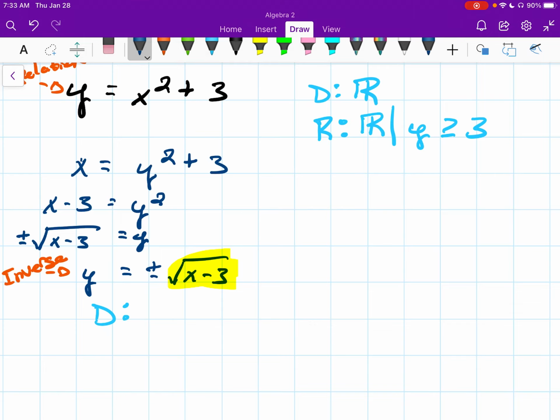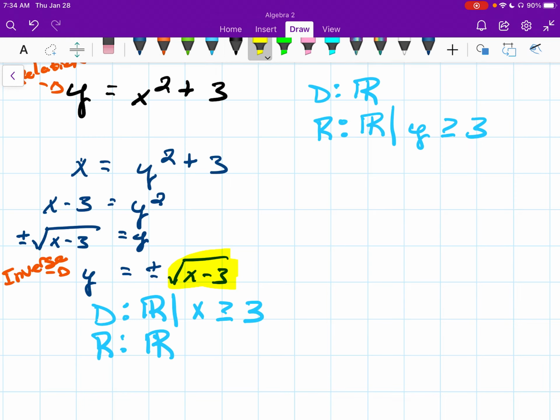So we're going to say that it's all reals given that x is greater than or equal to 3. Now for our range, well, we could get anything out of our range, right? Our y could end up being anything. So we're just going to say all reals.